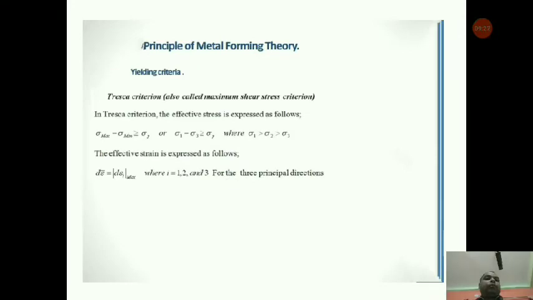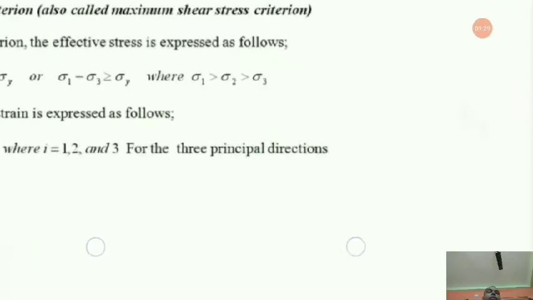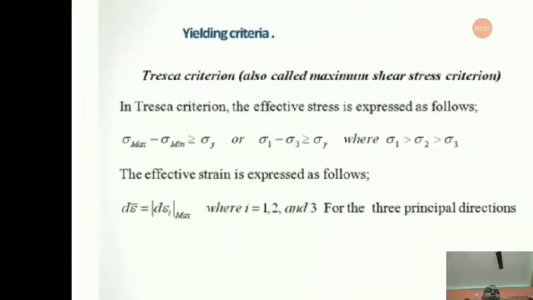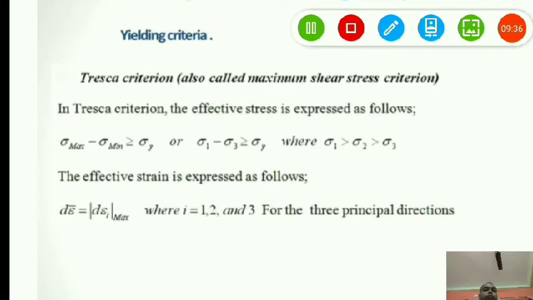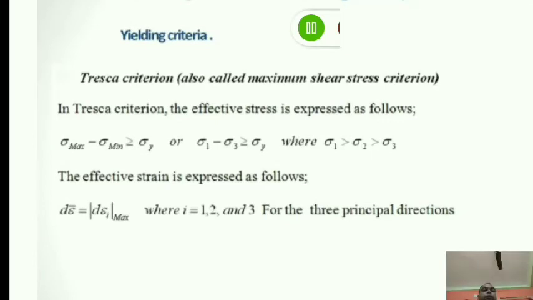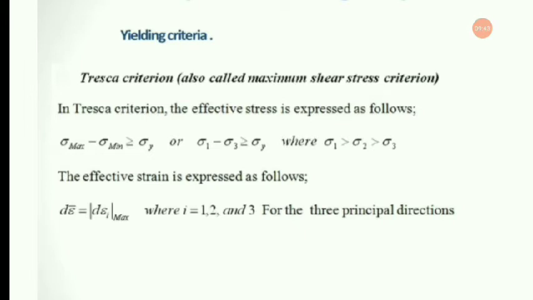So you can take a screenshot or note it somewhere else. One is the Tresca criterion, that is the maximum shear stress criterion. You can take a note or take a screenshot.